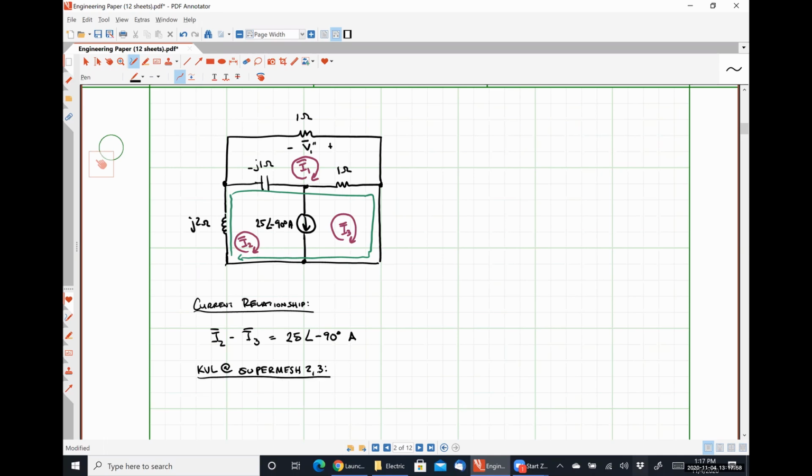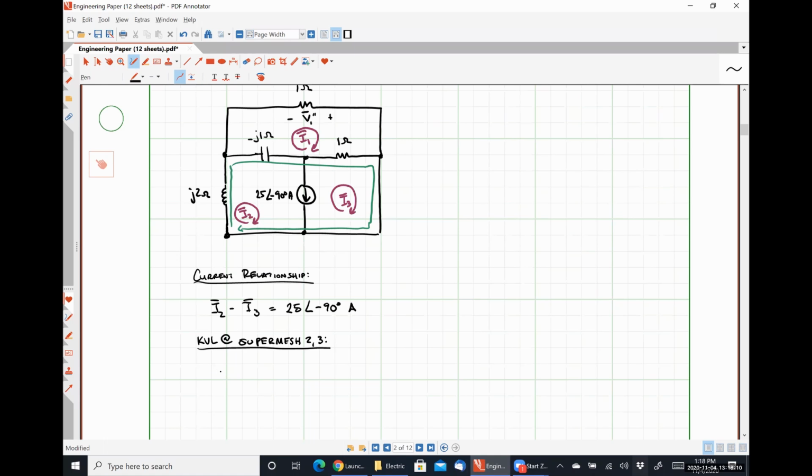Kinsley, I'm going to pick on you because I know your name. How am I going to do this super mesh? Bottom left-hand corner, so right around here. It would be J2 ohms, right? I got to do the whole impedance.